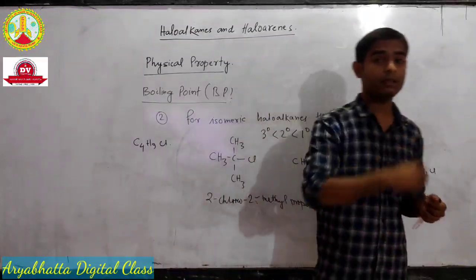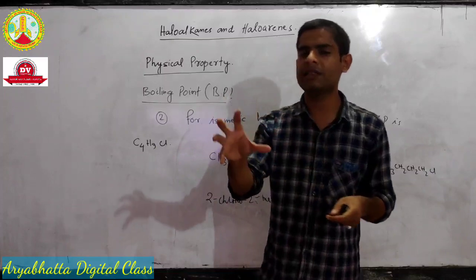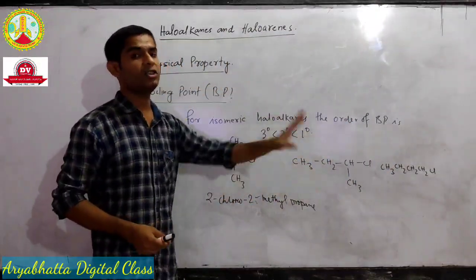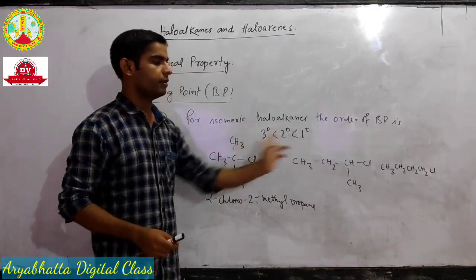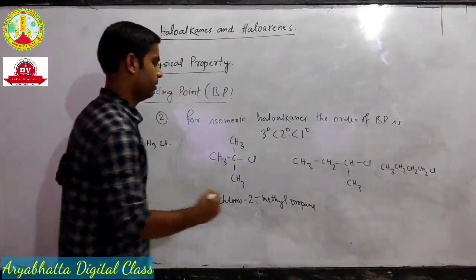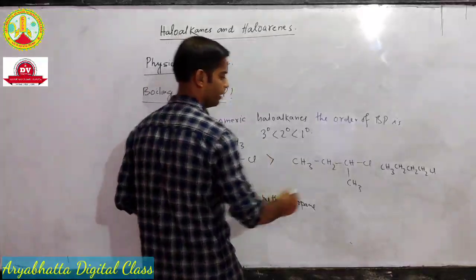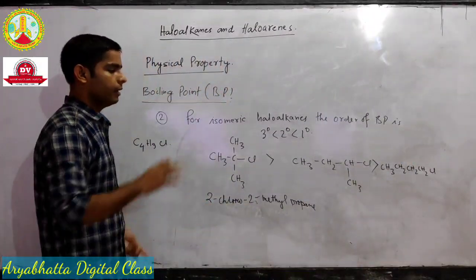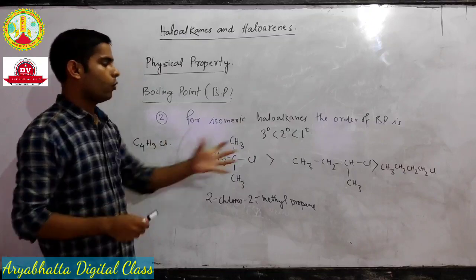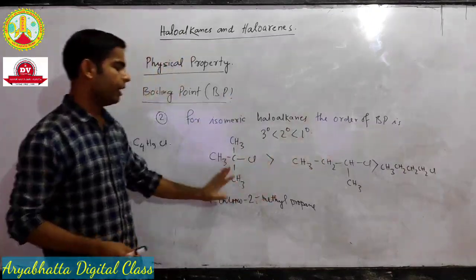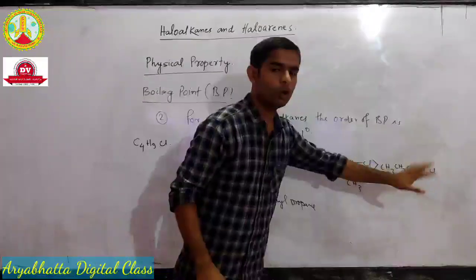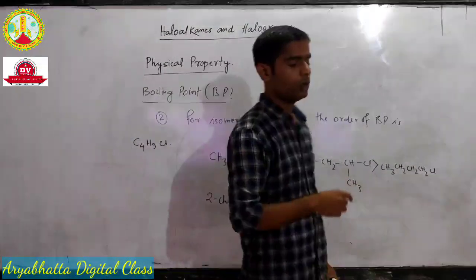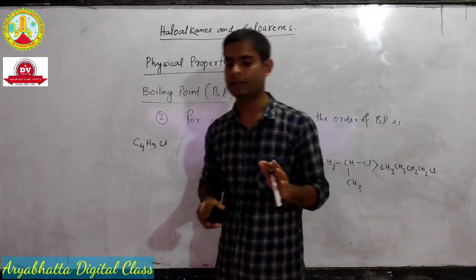What we discussed in the first point is that if the molecular mass changes, the boiling point changes. But here the molecular mass is not changing, and still their boiling points will differ. One will have the lowest boiling point and another the highest. But from the exam point of view, the fact is not the important part.